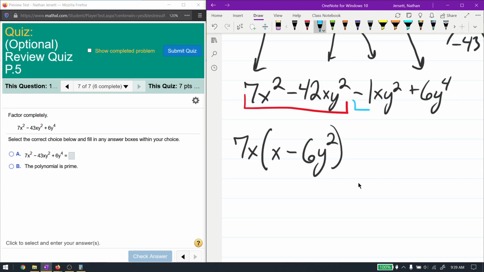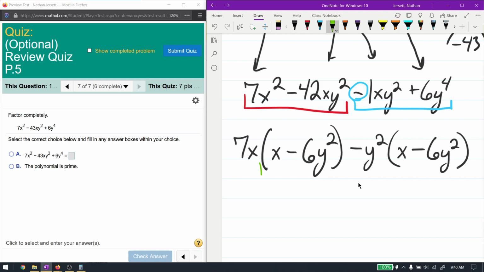And then out of the second two terms, I'm going to take out a negative, because the first term is negative, a negative y squared. Take out a negative y squared, it's going to make this positive x. And then a negative y squared out of this makes this negative. Positive divided by negative is negative 6y squared. And you'll see we have the same thing in parentheses. So we did it correctly.